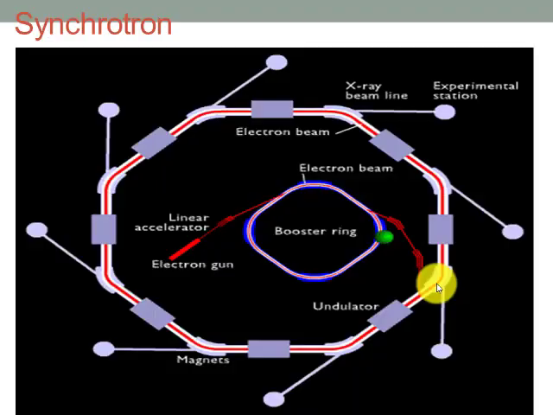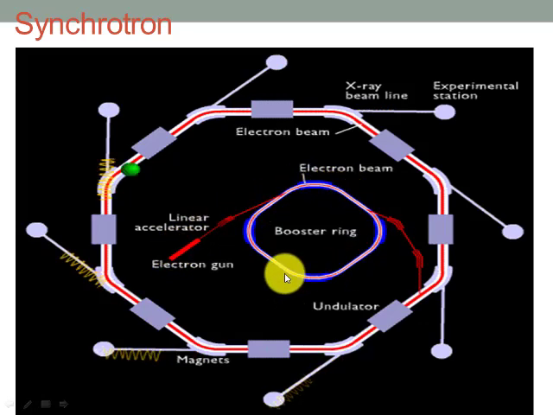So in this diagram, you can see a clear picture of the operation of a synchrotron. Here, a linear accelerator is used to accelerate the charged particles in a linear fashion. Then the particles move to the next stage, the booster ring, and after the necessary speed is gained, the injector system transfers the particles to the storage ring, where they can spend several hours.